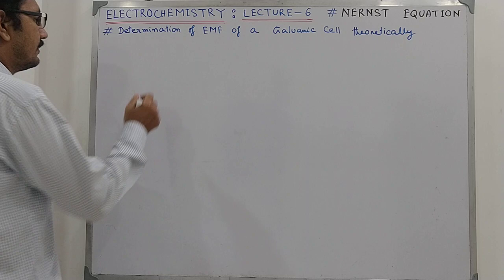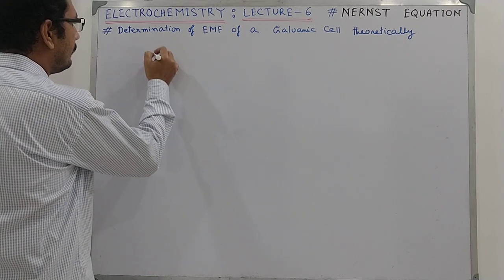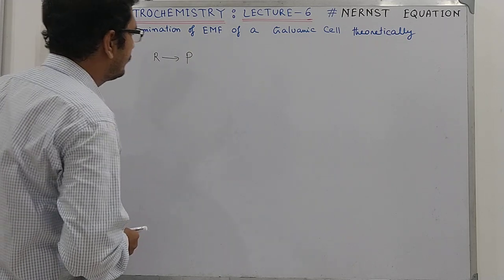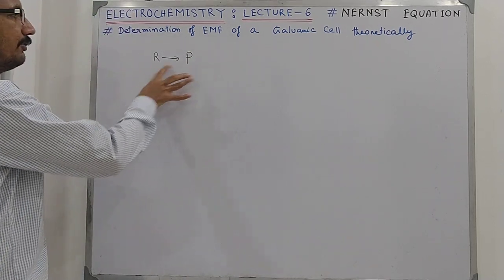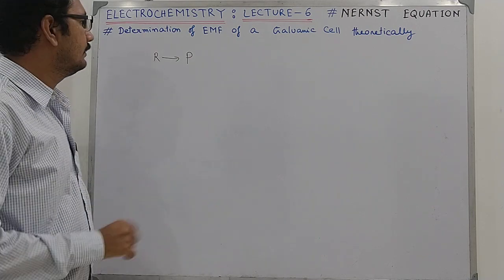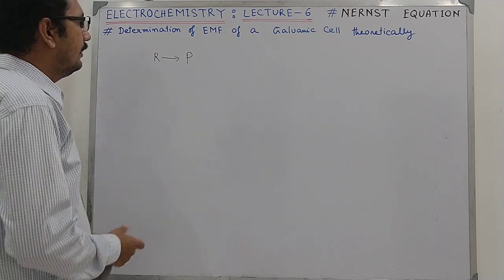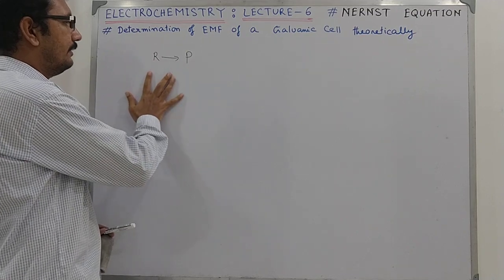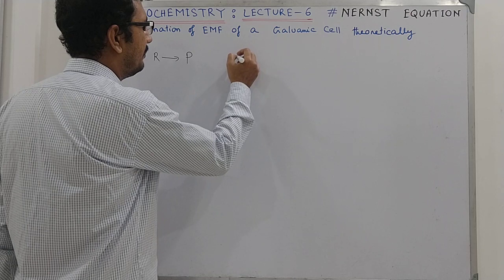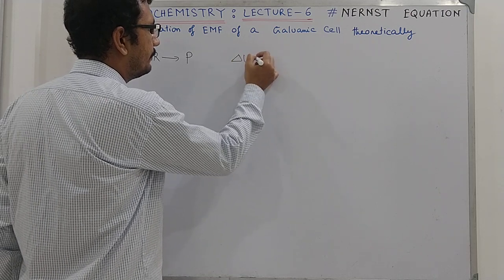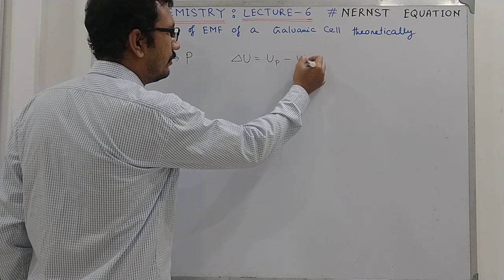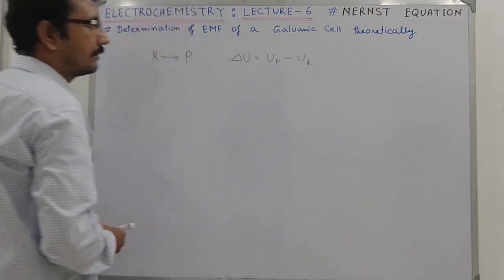So you have a chemical reaction, say R arrow P, that is occurring within the galvanic cell. Now the energy changes that may be associated with this reaction may be the change in internal energy, that is, internal energy of the product minus internal energy of reactant.